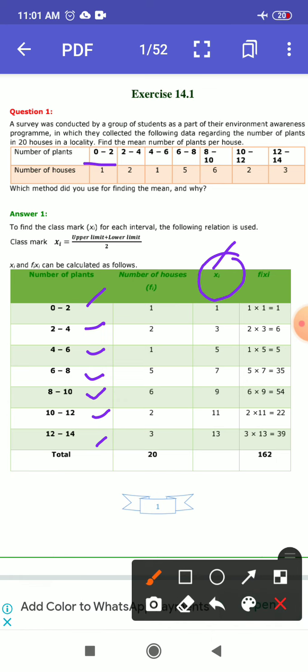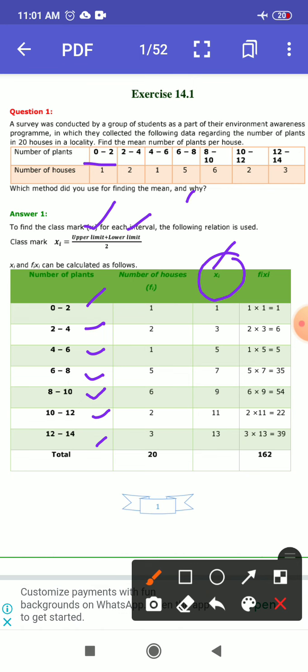Then after 0 to 2, how many things are here: the lower limit is 0 and the upper limit is 2. So that means 0 plus 2, that means 2. We have to put here the upper limit and the lower limit.